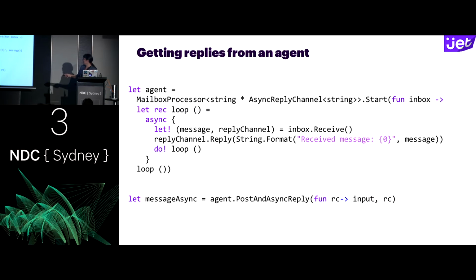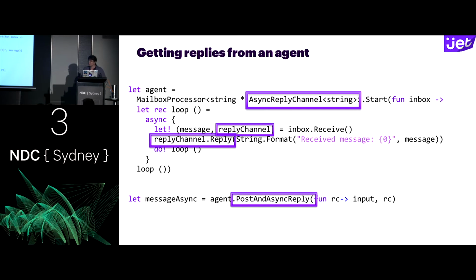And we have our async workflow. Here, when we receive the message, we have to receive both the message and the reply channel together at once. Then we can do a reply channel.reply: yes, we actually received the message, this is what it was. And here, we're just continuing to loop, and then we're calling the loop. So instead of doing an agent.post, now we have to do an agent.post and async reply and send in an actual reply channel.